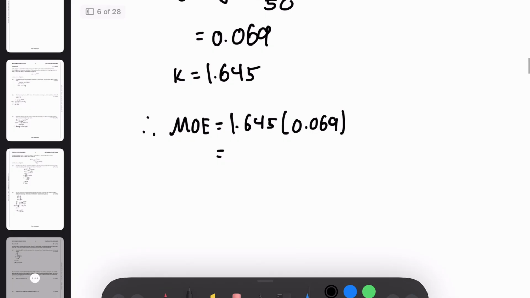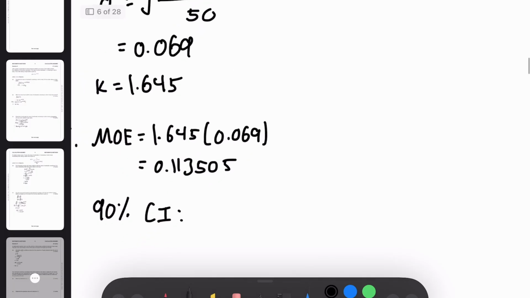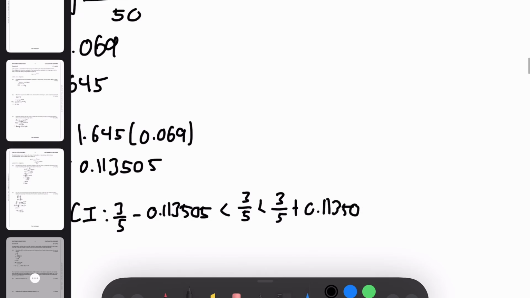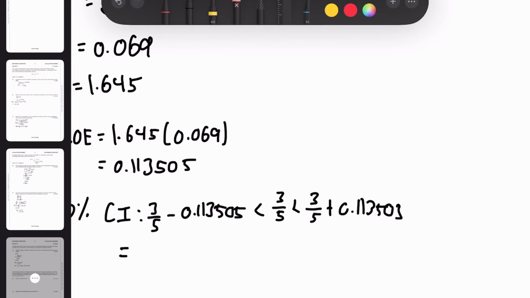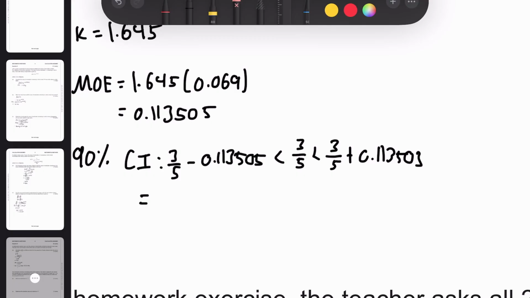This doesn't feel like the same way I would have done it, but whatever. That is 0.113505. Therefore, the 90% confidence interval is going to be 3 on 5 minus 0.113505 less than p less than 3 on 5 plus 0.1135, which is going to be equal to 0.4865 less than.